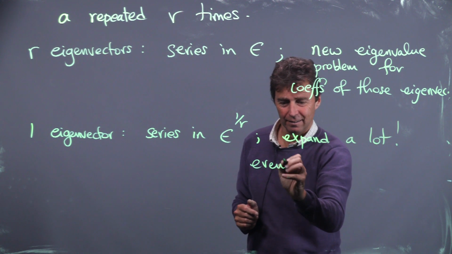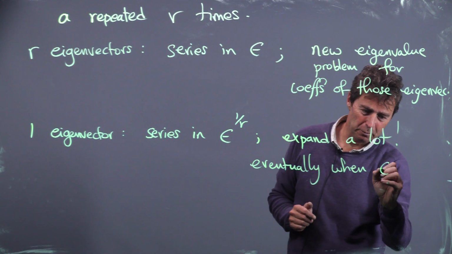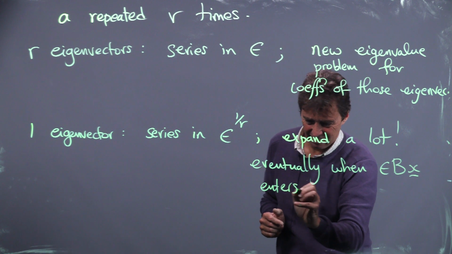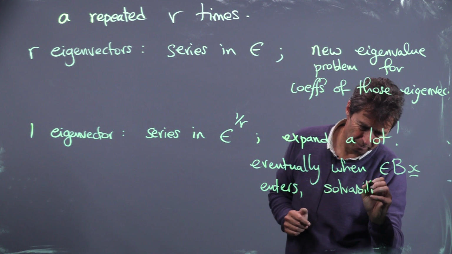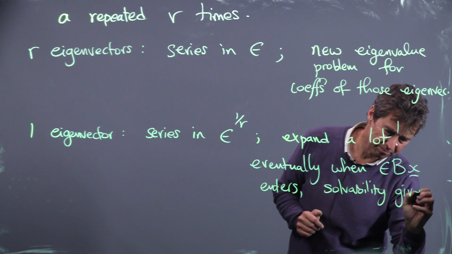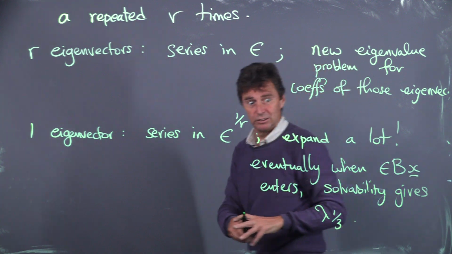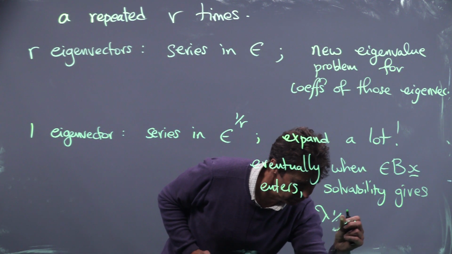Eventually, when the epsilon bx term enters, solvability gives lambda to the 1/3. And you need to use all of these generalized eigenvectors. Oh, 1 over r, I mean, in the general case.